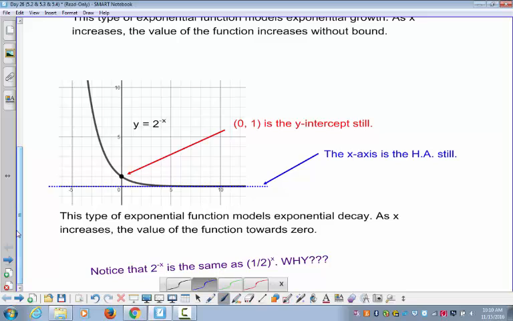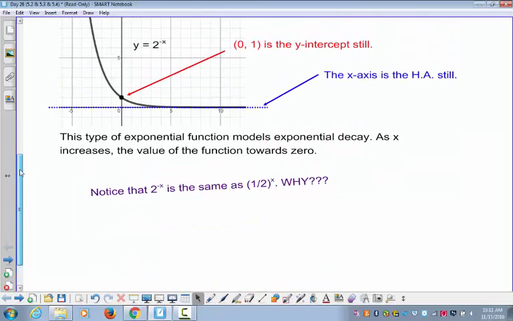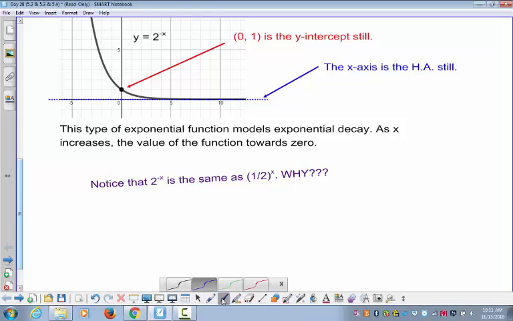So exponential decay, the base is between 0 and 1. Do you agree that that base is between 0 and 1? How could you rewrite that? If you have y equals 2 to the negative x, you might be saying, that's not a base between 0 and 1. What do you do with that minus sign? Or what can you do?